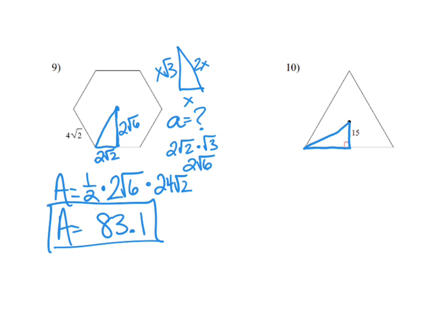So be careful if you're drawing pictures to try to make it look accurate. If I already know the short leg, then I can find the long leg. That would just be multiplied by root 3. I could also find the hypotenuse, but I don't think I'm going to need that, so I won't clutter that up. All right, so A equals 1/2 the apothem times the perimeter.